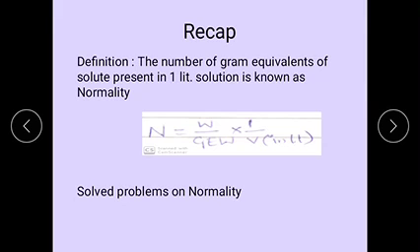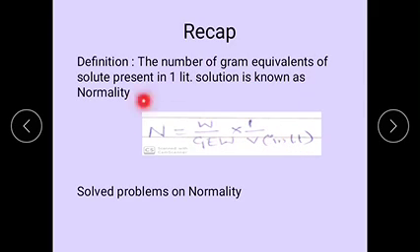In the last class we discussed what normality is and some solved problems. Once again, I'm repeating the definition of normality. The number of gram equivalents of a solute present in 1 liter of solution is known as normality. That is, N equals W by GEW into 1 by V in liters.